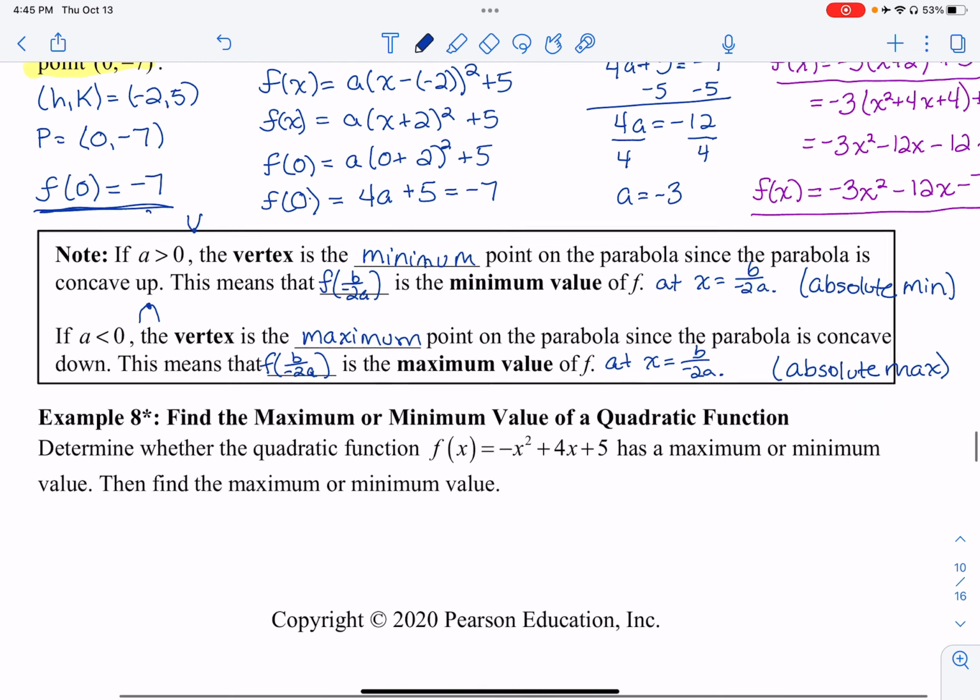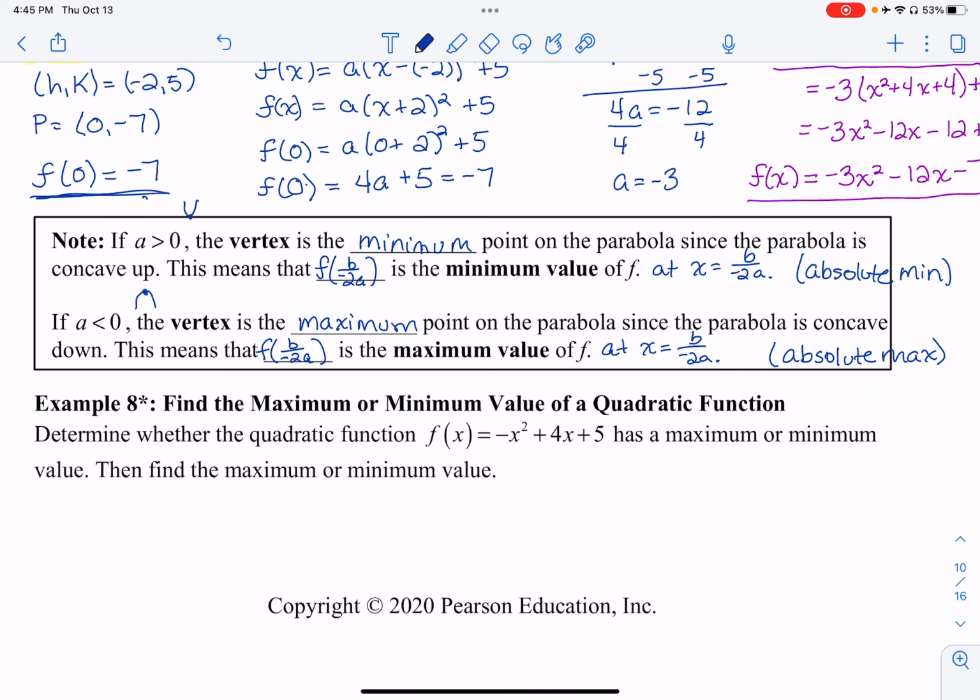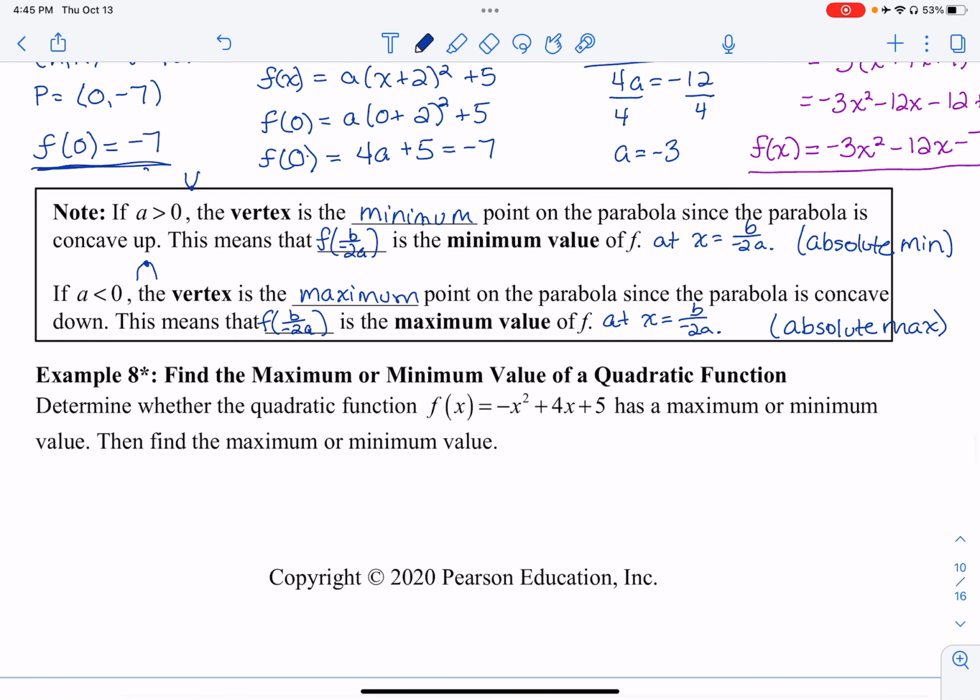So let's take a look at example 8. It's the last example in this section. Determine whether the quadratic function f(x) = −x² + 4x + 5 has a maximum or minimum value, and then find the maximum or minimum value.